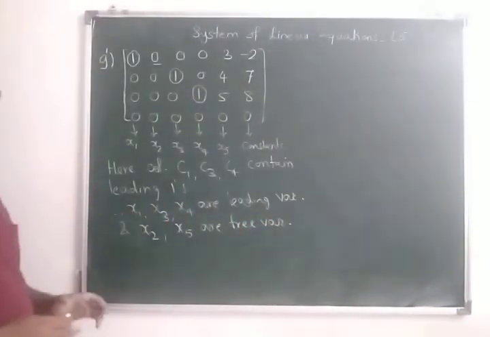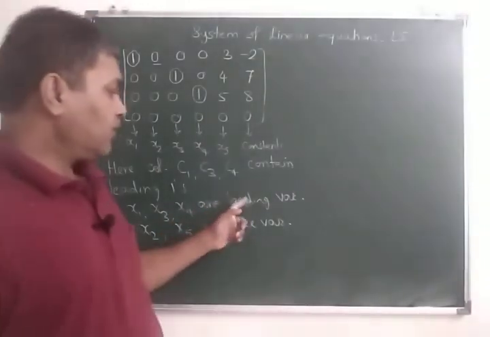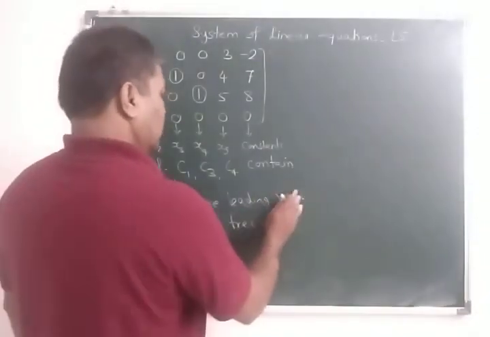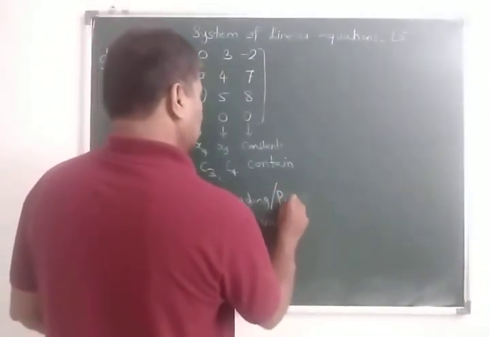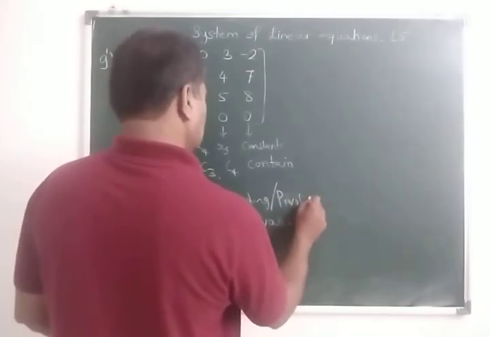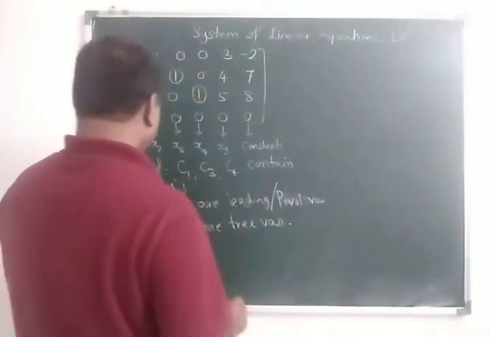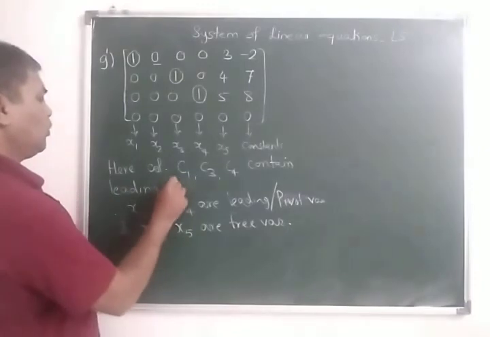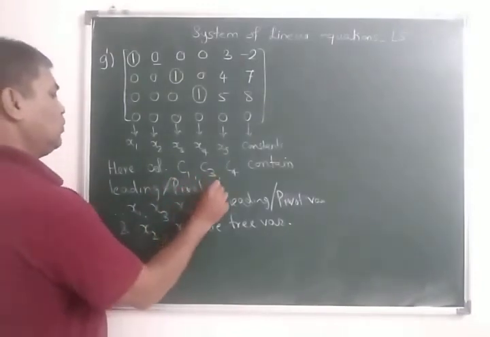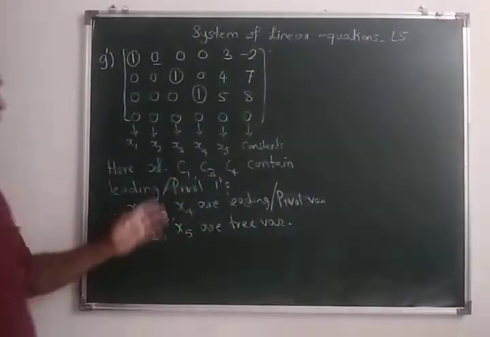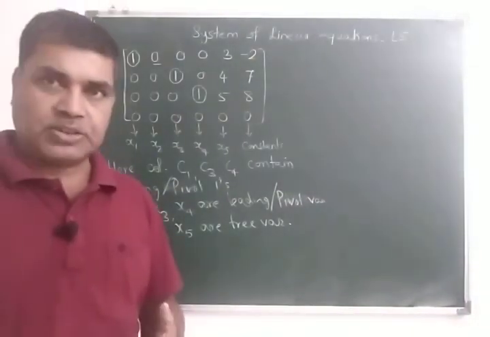Leading elements are also known as pivot variables. Okay, leading elements are also known as pivot ones, doesn't matter, and those columns are known as pivot columns.